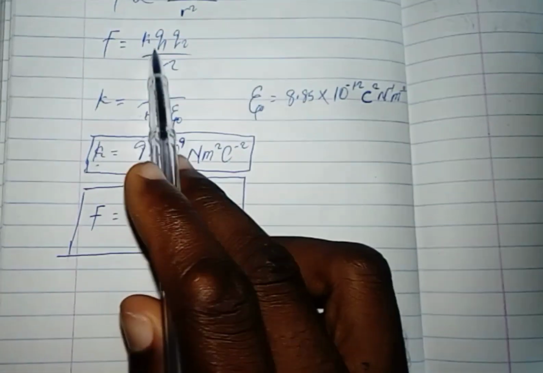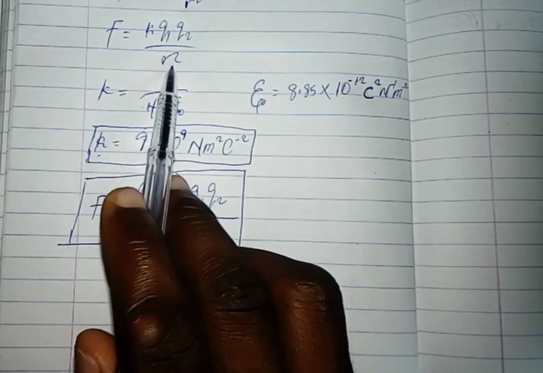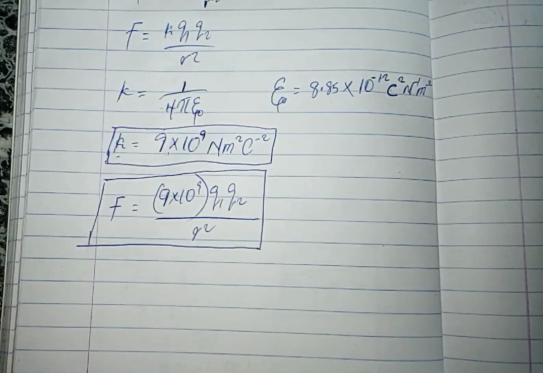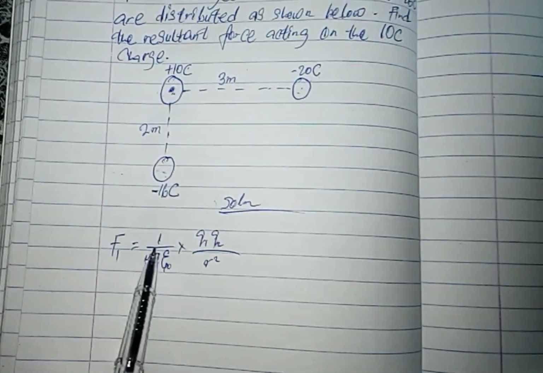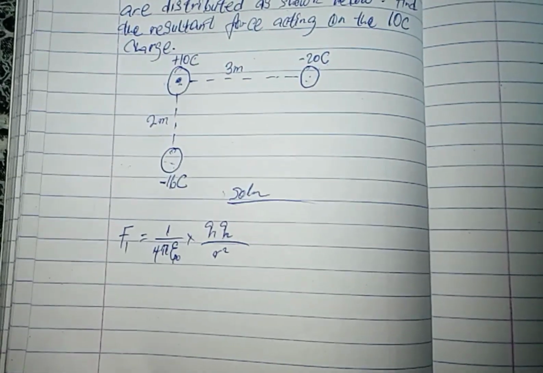This was the formula I gave to you earlier, where I said the force is equal to K times Q1 Q2 over R square, where K is 1 over 4 pi E naught. So replacing that with 1 over 4 pi E naught times Q1 Q2 over R square.